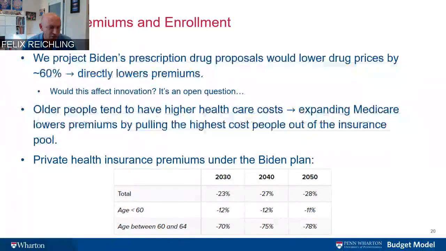But still, for those who are between 21 and 60, health insurance premiums will go down by roughly 12%. That's not small.